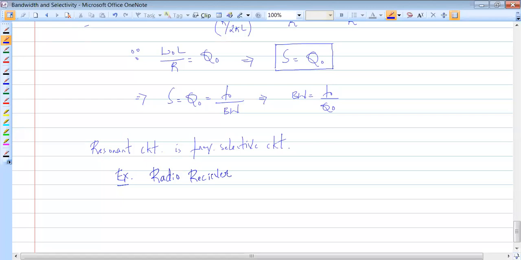Everybody understand that? Now everybody listen. This is very important, and you would appreciate the concept if you understand. Let's say there are two radio stations. Let's say there is a radio station A, and let's say there is a radio station B.